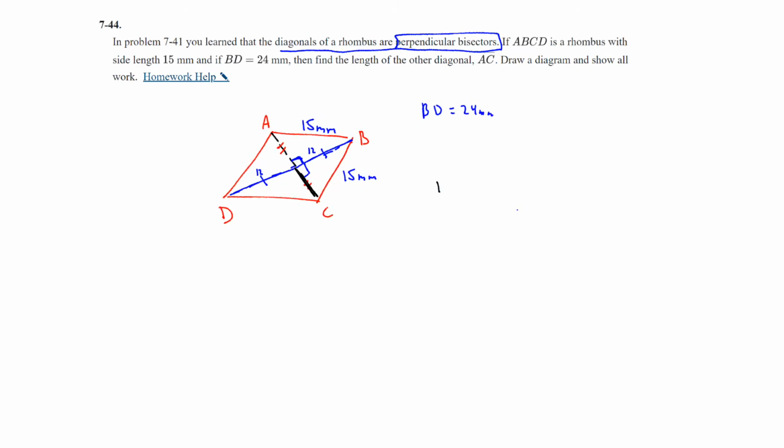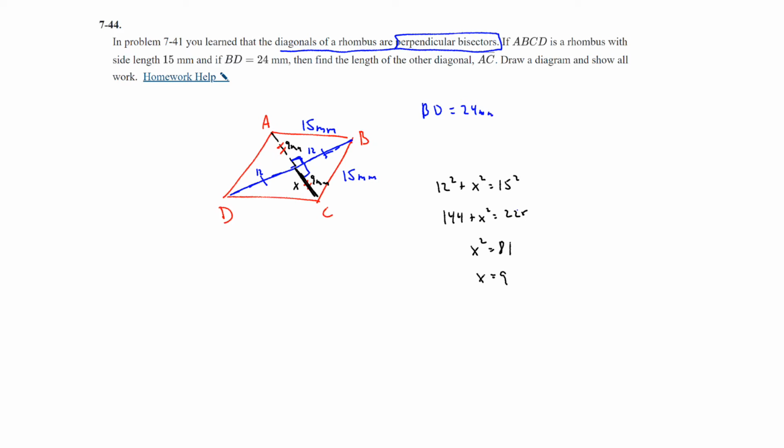And so we'll do 12 squared plus, I'll call that x, x squared is equal to 15 squared. So that's 144 plus x squared is equal to 225. If you then subtract that, you will get 81. So the other side length will be 9 millimeters. And since it's a bisector, the other one is 9 millimeters.